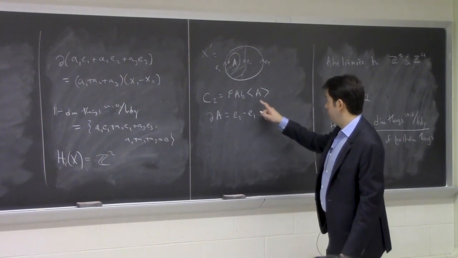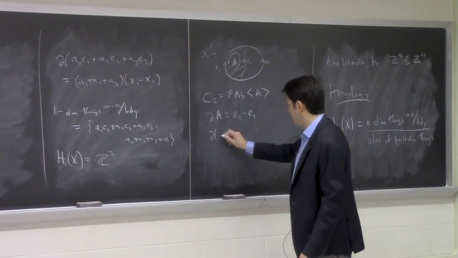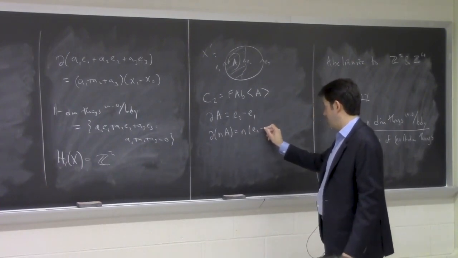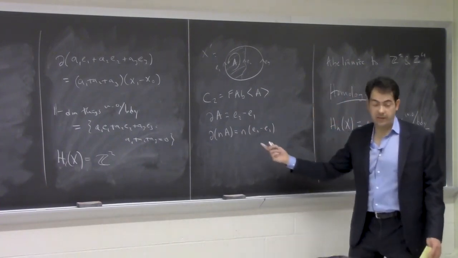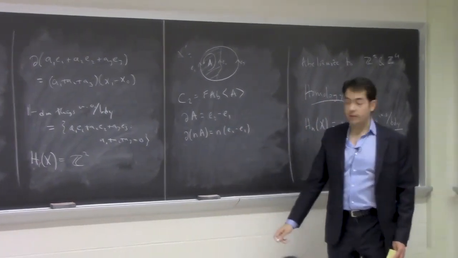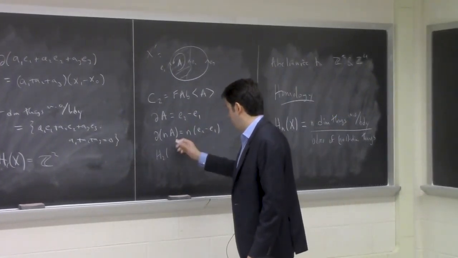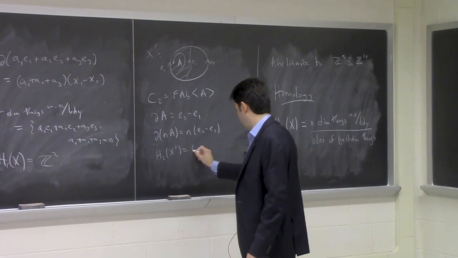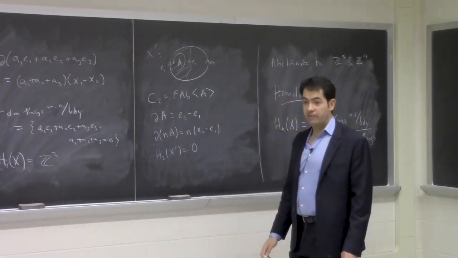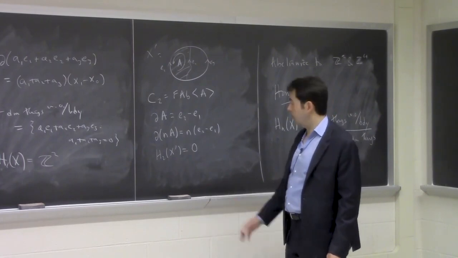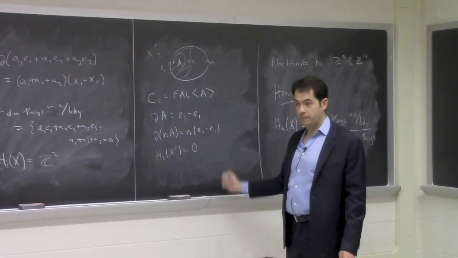So the only thing in here, if you do n times A, you get n times E2 minus E1. The only way that's 0 is if n is 0, right? So H2 here would not change at all. This would still be 0, because I don't have any two-dimensional things that don't have boundary. All of my two-dimensional things have boundary.